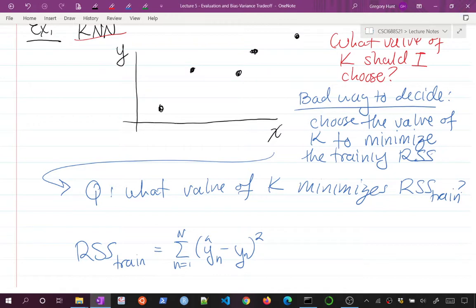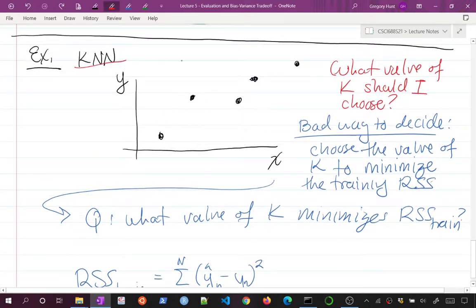All right, and so here my y_n's, these points here, are my training data. So the y coordinate is the y_n, and the x coordinate is my x_n. So we're imagining it's just a one-dimensional x, okay? What about this? What if I fit this using k equal to 1?